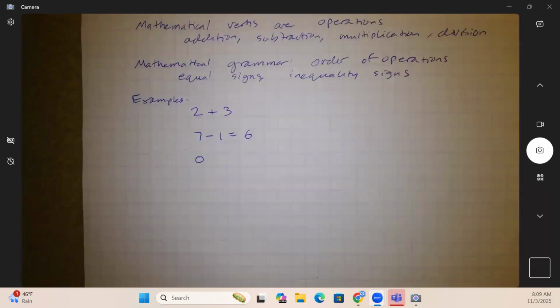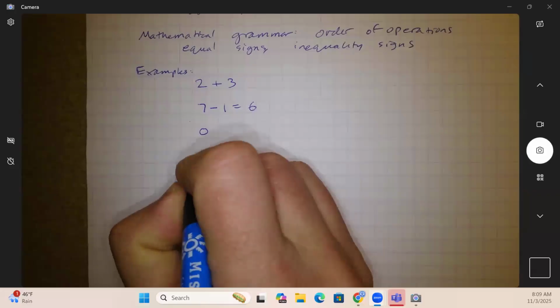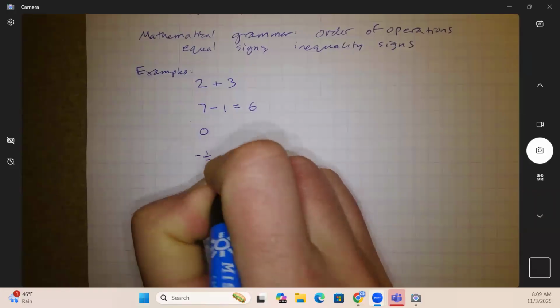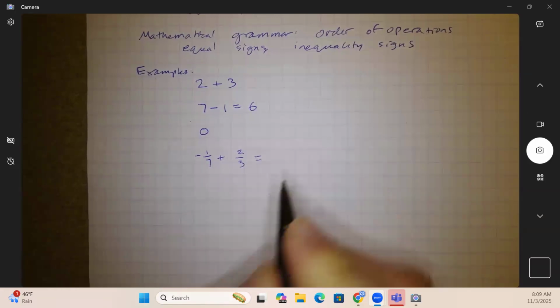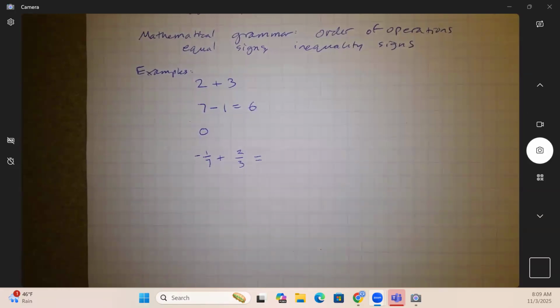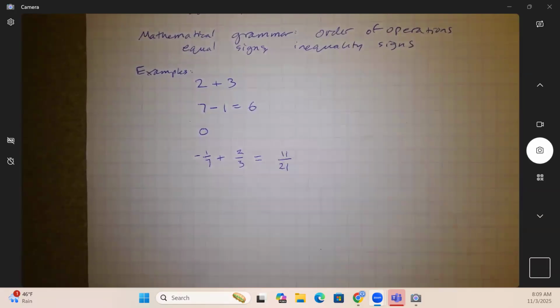Okay. And then we can have some of our more complicated ones, like -1/7 plus 2/3 equals, my brain's moving a little slow today, but that's going to be 14/21 and 3/21. So it's going to end up being 11/21.